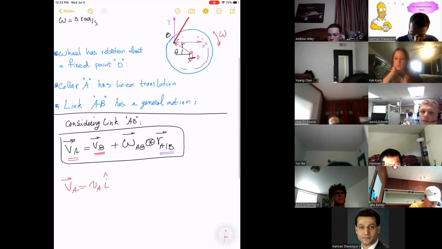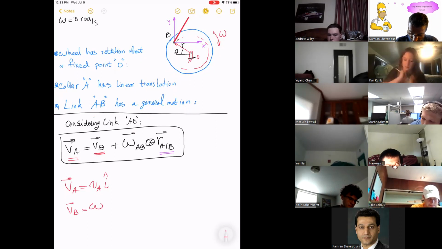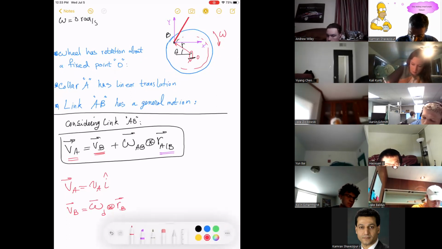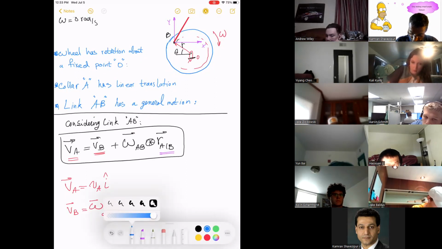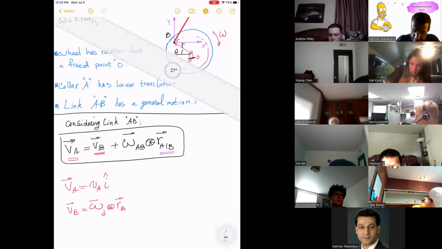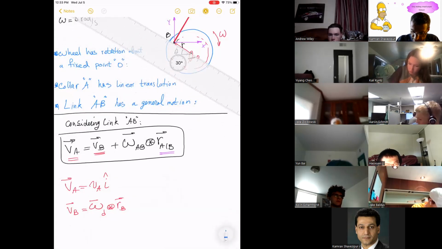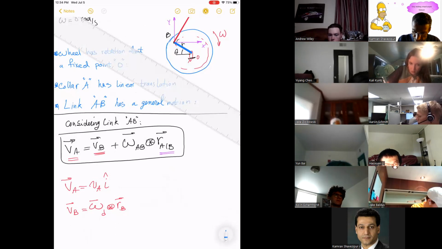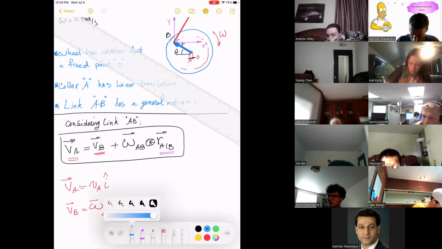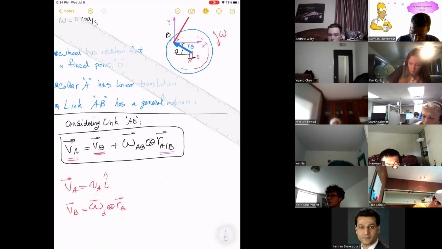So if I want to find VB, it's going to be omega of this wheel, let's just put omega D, cross RB. And if I want to get RB, this is technically RB. This is going to be RB.